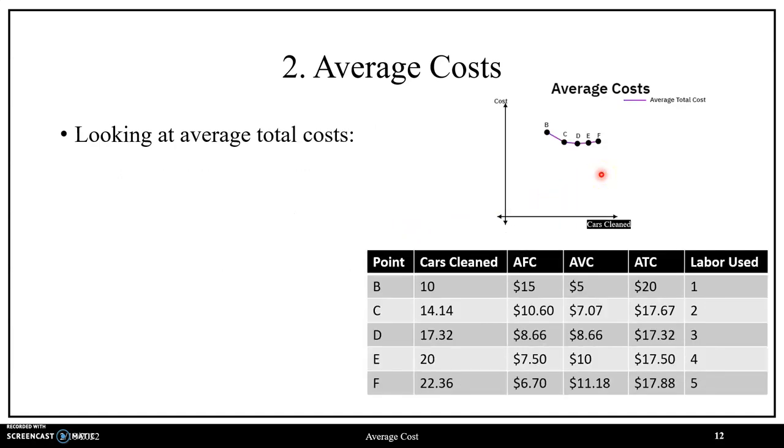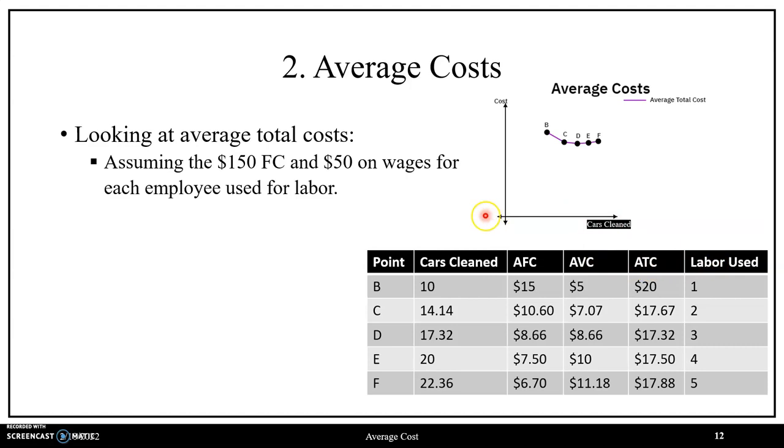So with average fixed cost and average variable cost considered, let us now consider average total cost, where we have our graphical representation on the upper right and our table representation on the bottom right. We have our points, cars cleaned, average fixed cost, average variable cost, average total cost, as well as labor used for each particular point.